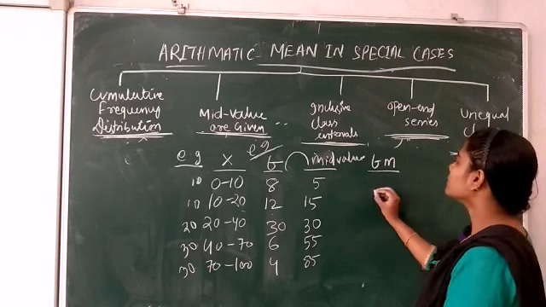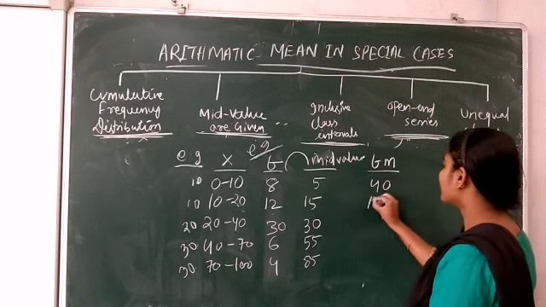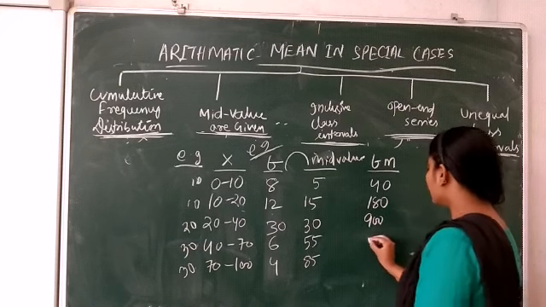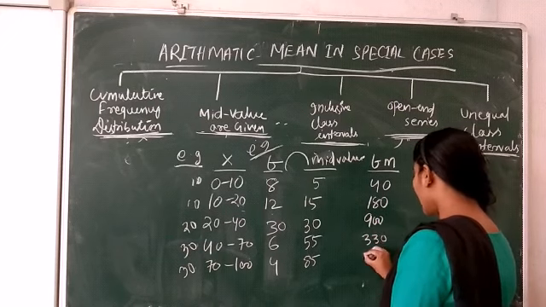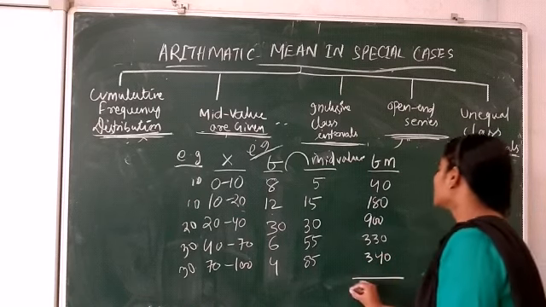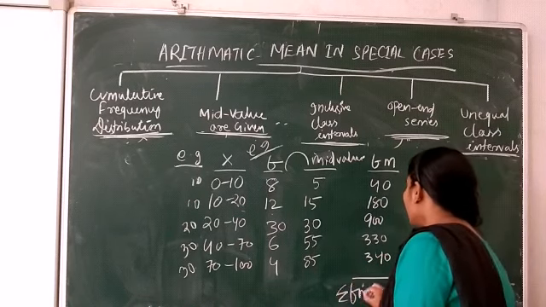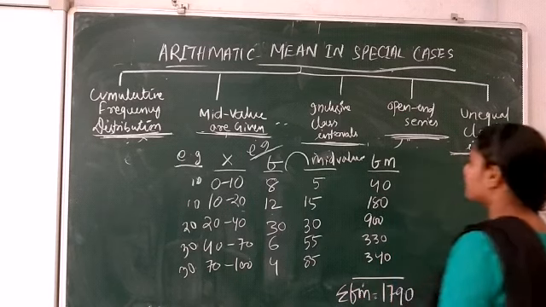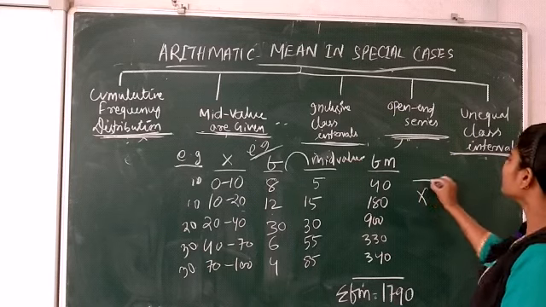So the FM will be first 40, then 180, then 900, then 330 and the last will be 340 and the summation of FM will be 1790 and we calculate the mean.